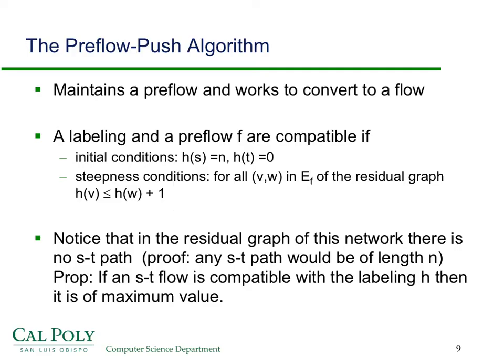In other words, this is an edge from v to w, and it's saying that h of v can't be bigger than h of w plus 1. In other words, w can't be further down than 1 unit from v. So again, there's no ST path that's compatible with this labeling h.